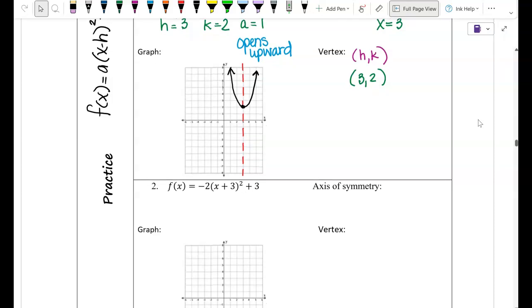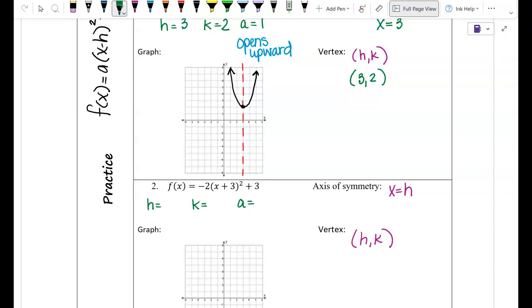So the next one, f of x equals negative 2 times the quantity x plus 3 squared plus 3. So again, we know our axis of symmetry is x equals h. We know our vertex is the ordered pair h, comma k. So I need to determine what is my value of h, what is my value of k, and what is my value of a.